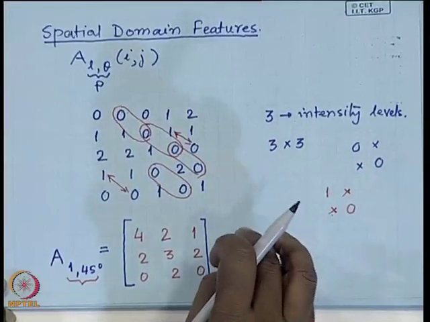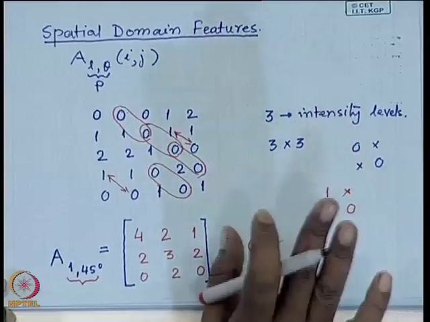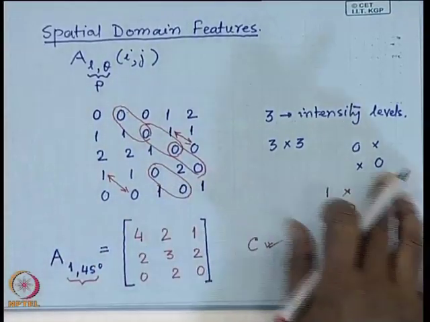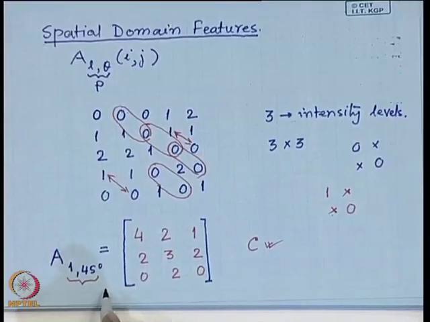This co-occurrence matrix C simply tells me the frequency of occurrence of different intensity pairs following this position parameter p. I can have multiple such co-occurrence matrices for multiple position parameters, because I can define any position parameter, and for every such position parameter I will get a co-occurrence matrix.